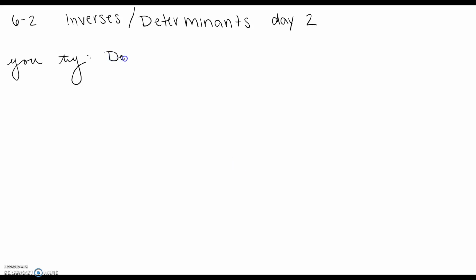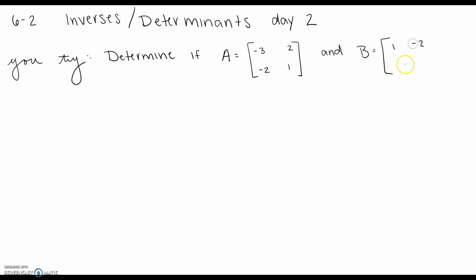So determine if matrix A, which is -3, 2, -2, 1, and matrix B, which is 1, -2, 2, -3. We are going to determine if matrix A and matrix B are inverse matrices.